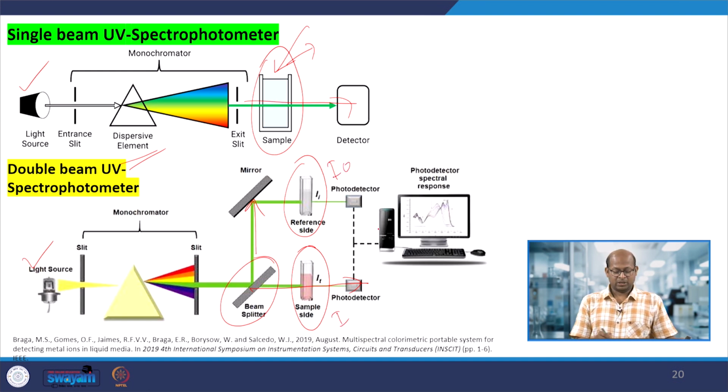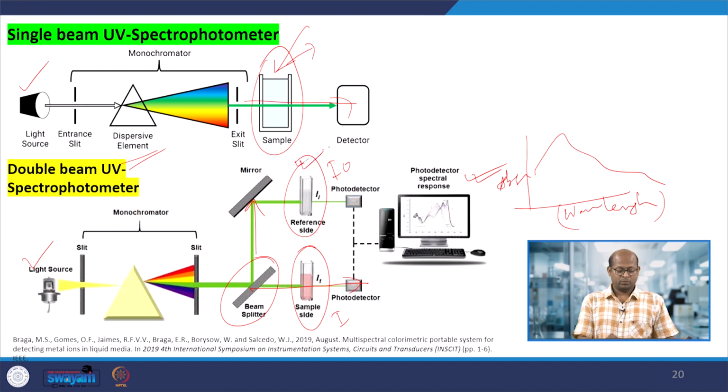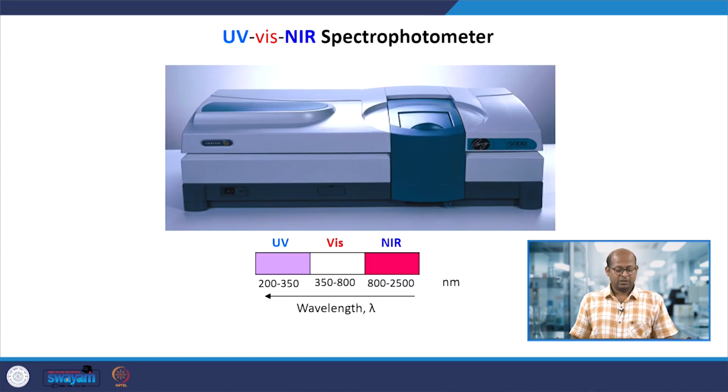Then simultaneously we can get the UV signals or spectra for that particular material present in liquid form. Here we get absorbance, and here wavelength. Simultaneously we can measure with the help of the reference; both we can place together. First we put the reference sample, and then we put the sample. In this way we can do the sample analysis.